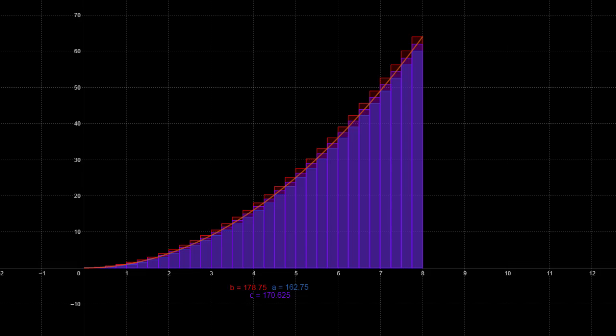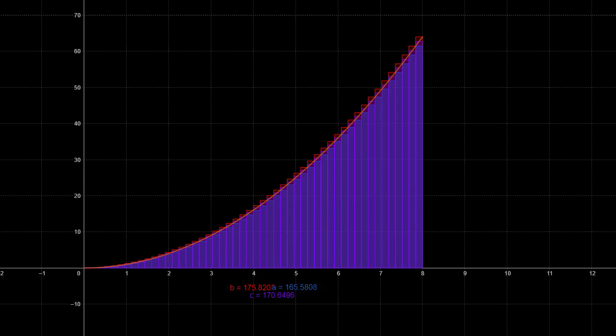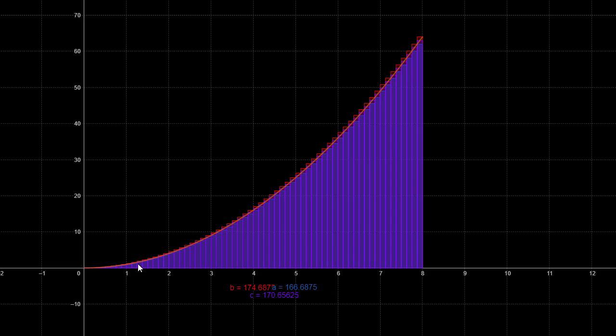If we take it even further, all the way to 64, we get something even closer. Here we have 64 rectangles, and the differences between these upper estimates and lower estimates are getting smaller and smaller.